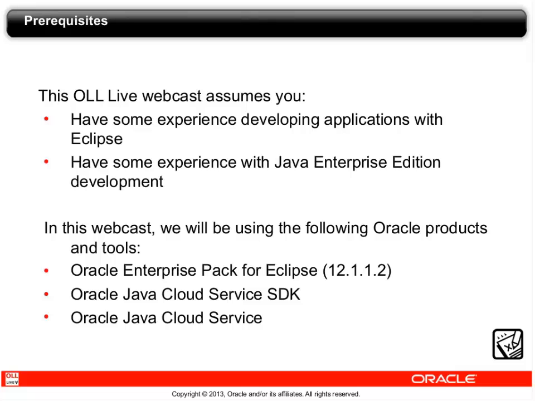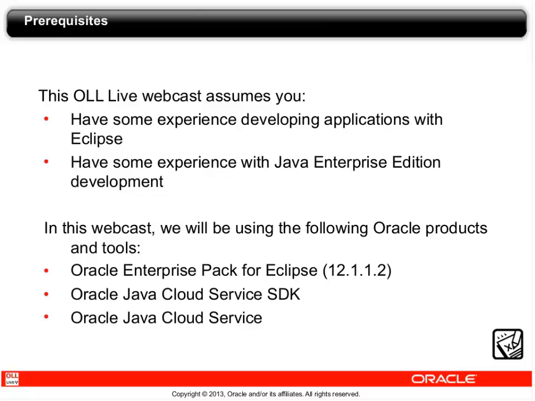For this webcast, I have installed Oracle Enterprise Pack for Eclipse version 12.1.1.2. You can get to the page where the download is either through the Oracle Cloud main page, which I'll show you, or by going to the tutorial example that covers this particular topic.